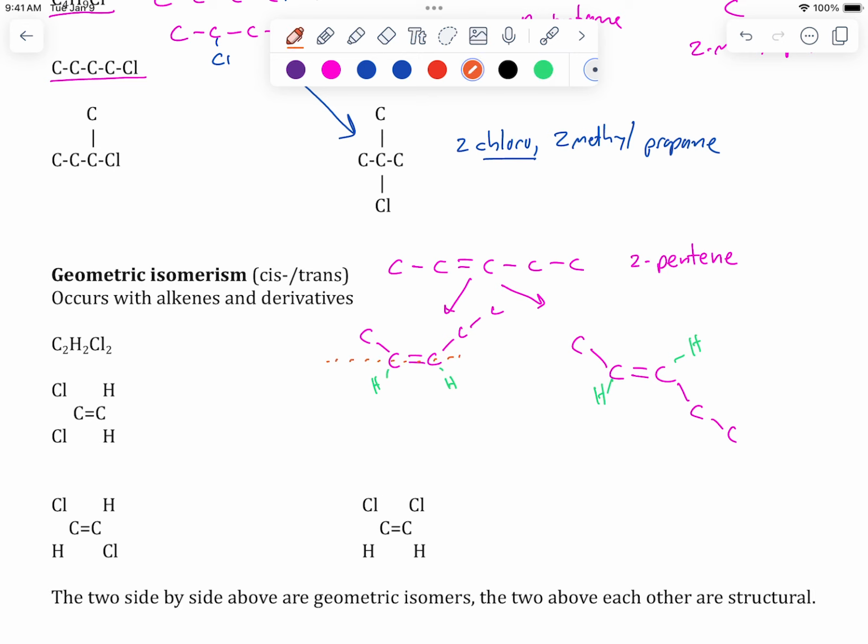Imagine if you just folded this like a piece of paper in half. Where the double bond is, you're either on the top side or the bottom side. So when both carbon chains are on the same side of that fold, this is what we call cis. The cis prefix is for when they're on the same side. So this now becomes cis-2-pentene.